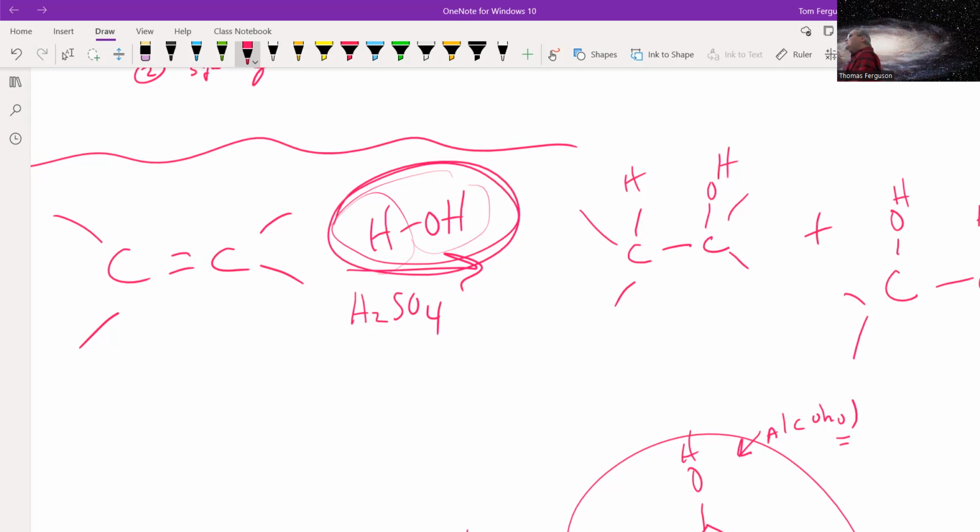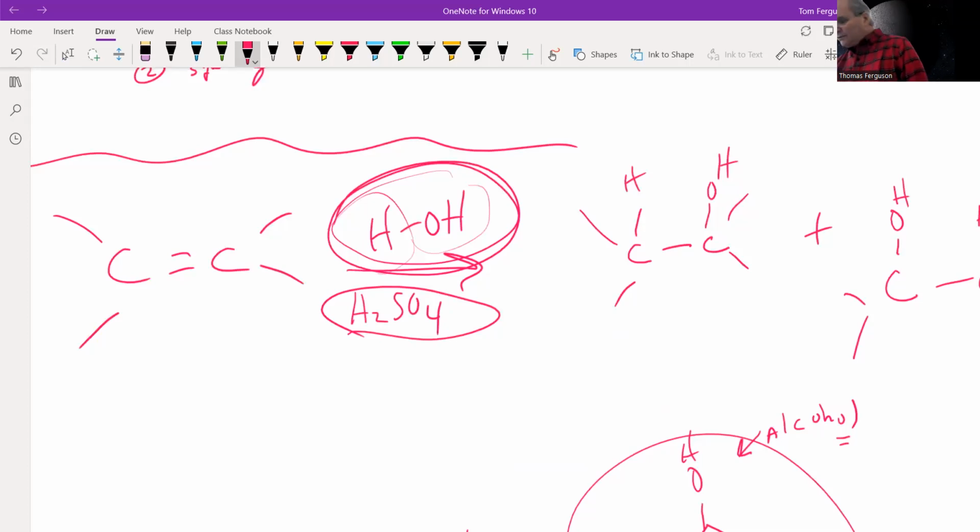And for the same reason that HCl statistically has an H on the left, sometimes an H on the right, water is the same way. Sometimes the H is on the right. So we're going to end up with a mixture whenever we add water. And again, it's under acidic conditions. Sometimes you'll usually use H2SO4. We use sulfuric acid a lot in organic chemistry, a lot.